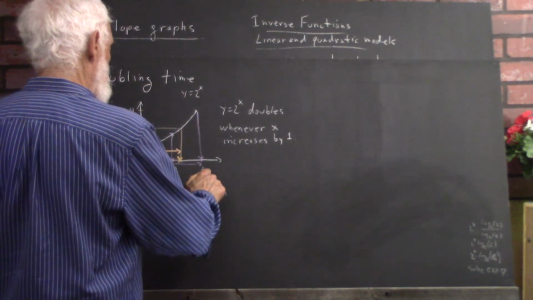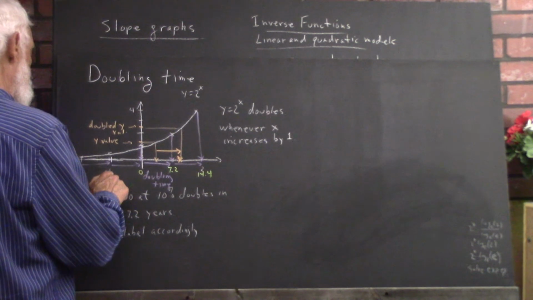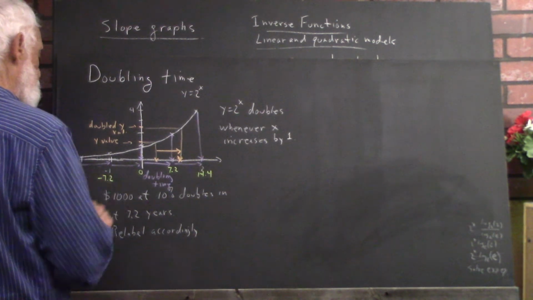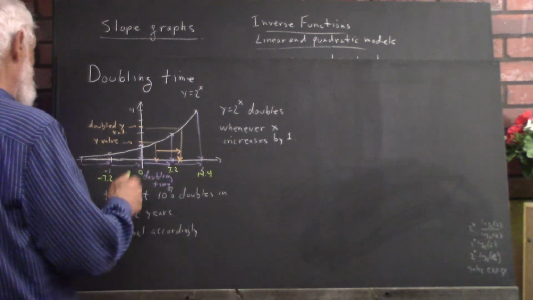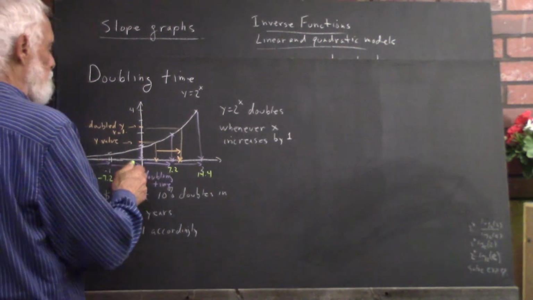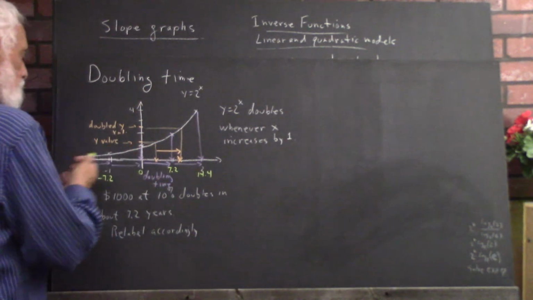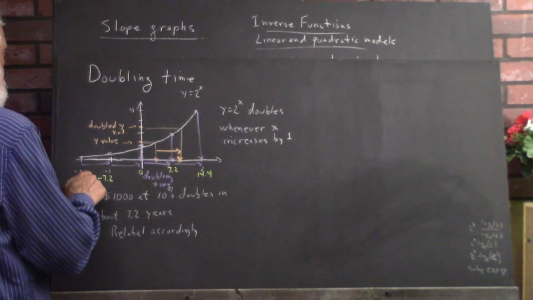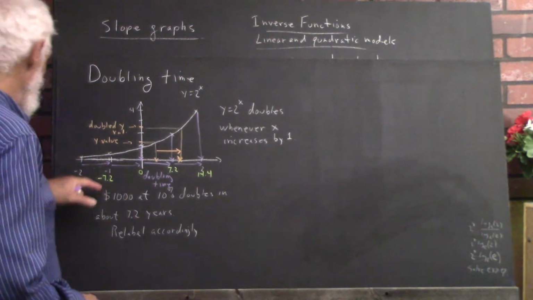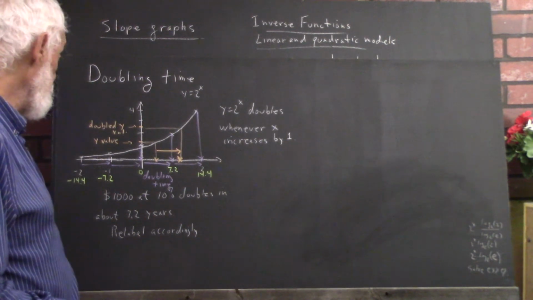Instead of 2 we would have 14.4. Then of course we could go back in time, but that doesn't make a lot of sense with an investment that starts at 0, but maybe it didn't start at 0. Maybe 0 is just a time when you have $1,000, but this thing has been growing for a number of years.